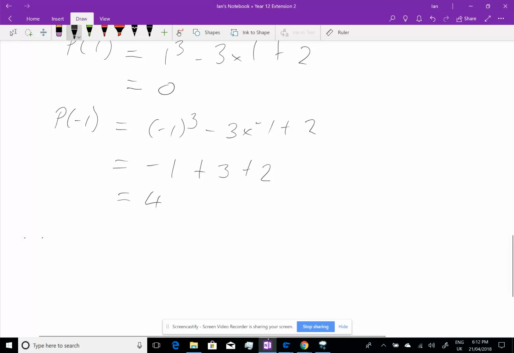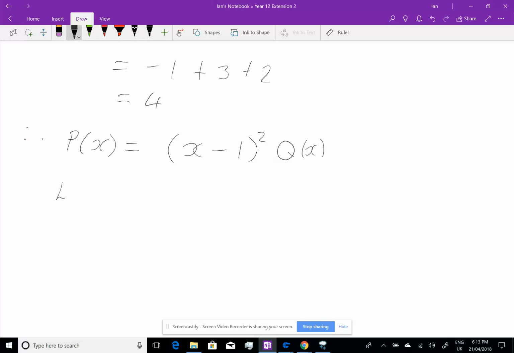So therefore, P(x) equals (x minus 1) squared, we know it's a double root, times Q(x). And because this is a cubic, well, we know that that's a single factor. How would I find out what that is? Well, I'm just going to let Q(x) equal x minus alpha, where alpha is the third root.